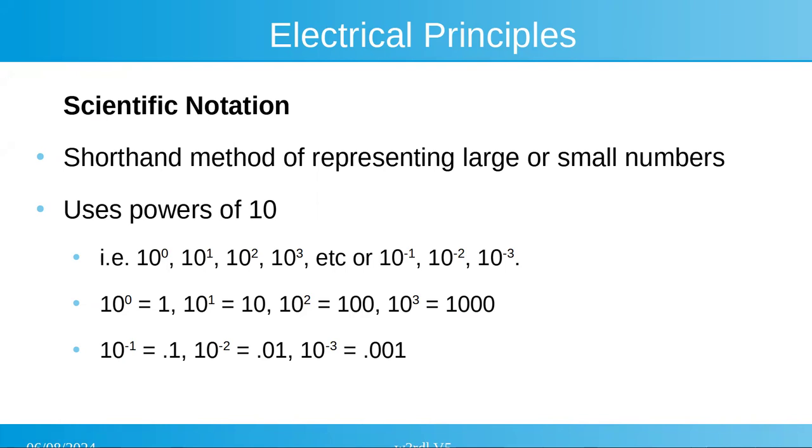So that's all it is, just a shorthand. And we do powers of 10. When we talk about computers and binary stuff, we'll do powers of 2, just to confuse you more.